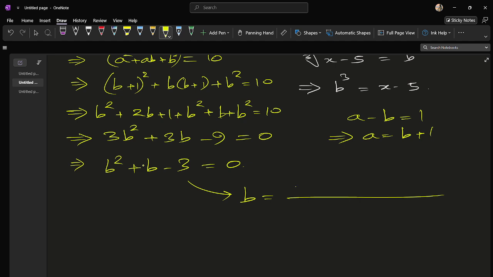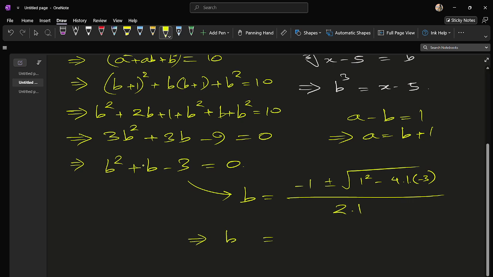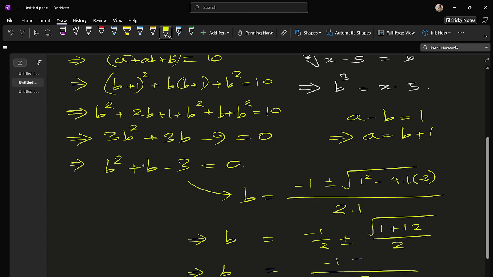So our b is equal to minus half plus minus root over 1 plus 12 by 2, that is equal to minus 1 plus minus root 13 by 2. Okay, so after that, what can be done?